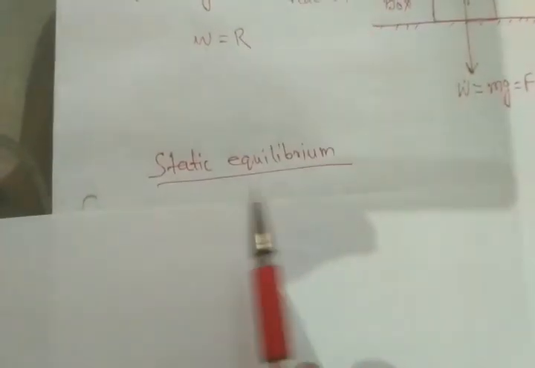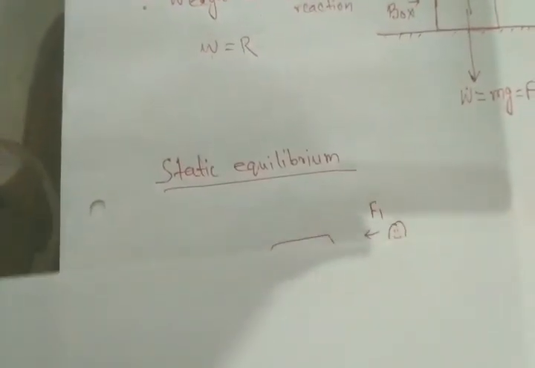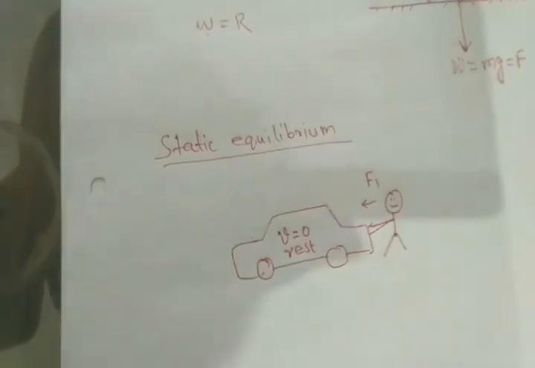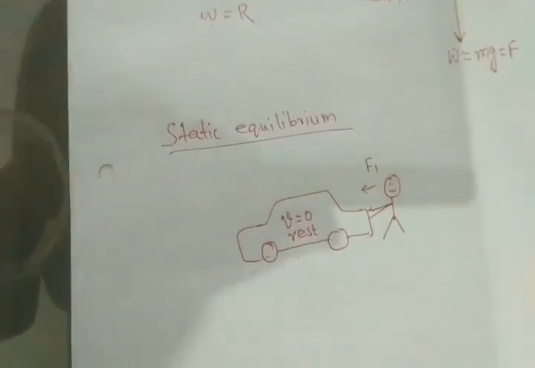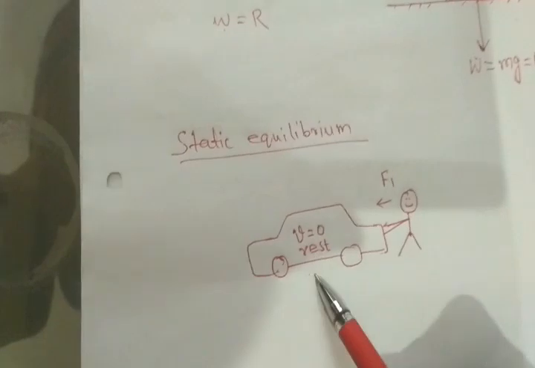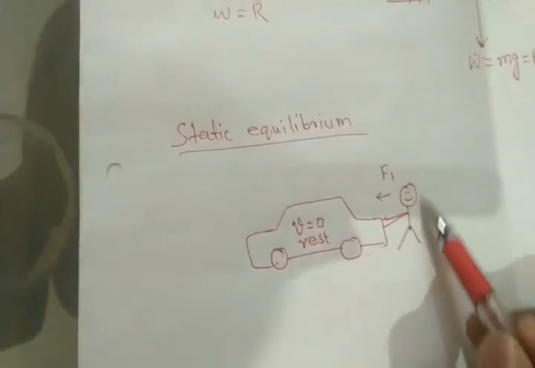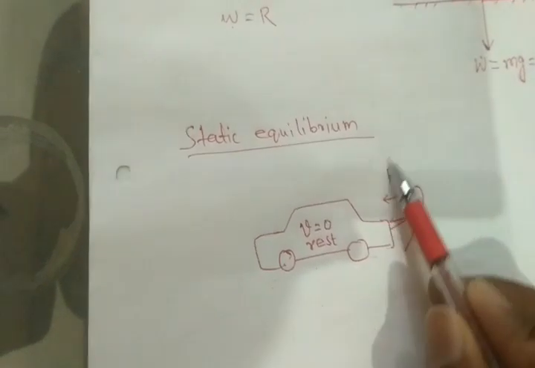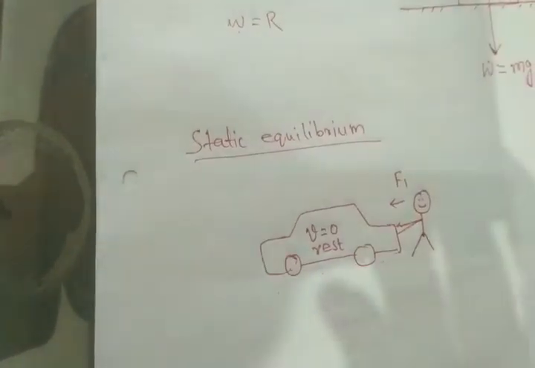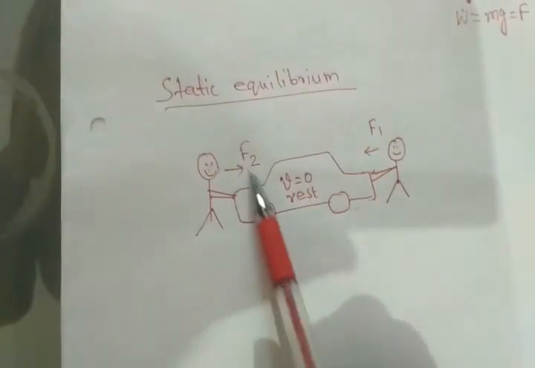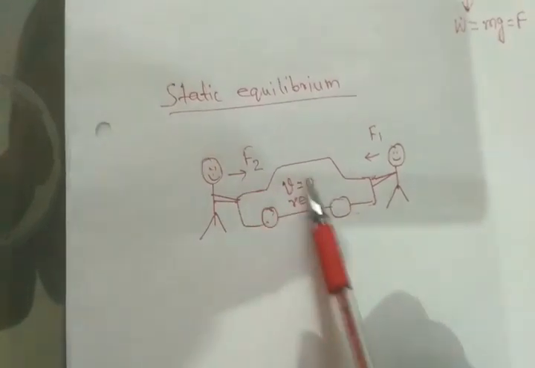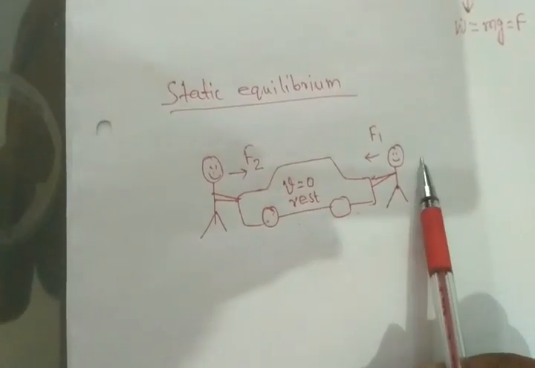A little more about static equilibrium. Suppose a car is at rest, as you can see, velocity is 0. It is standing here. Somebody is pushing in this direction with the force F1, and another person is pushing the same car with the force F2 in this direction.